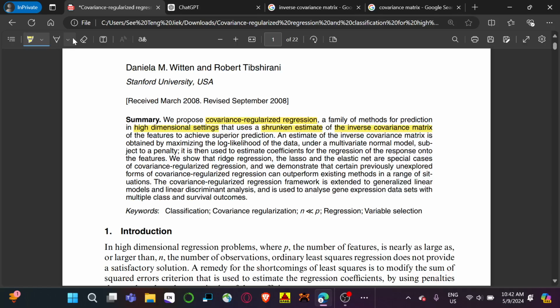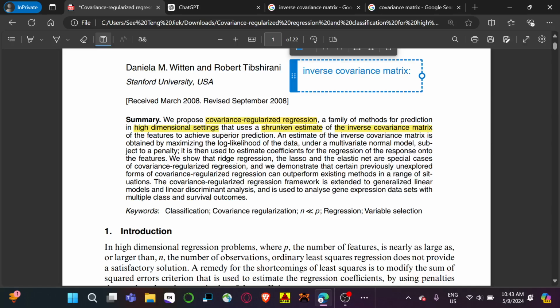Let's write that down. The inverse covariance matrix shows how uncorrelated the variables are, and this is the opposite of the covariance matrix, which says how correlated they are.